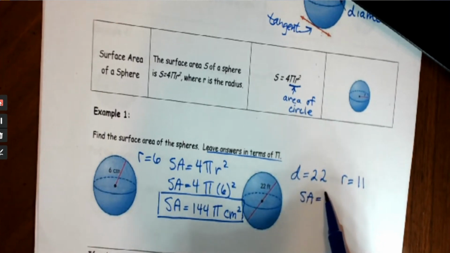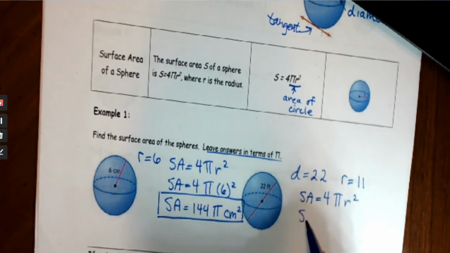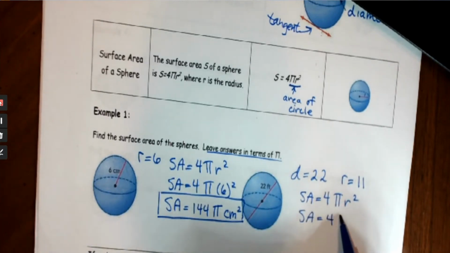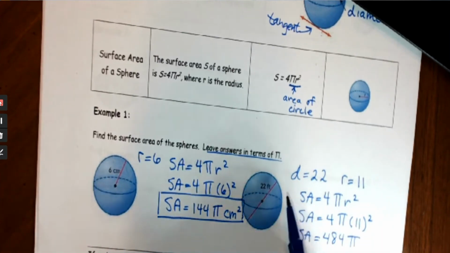Surface area is 4 pi r squared, so the surface area is 4 pi times 11 squared. Again, because we're giving our answer in terms of pi, we just plug 4 times 11 squared into our calculator, and we get 484 pi. Our units here were feet, so we have feet squared.